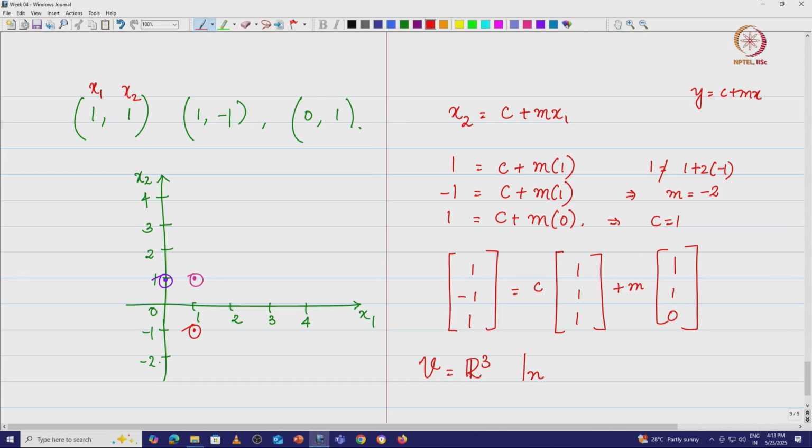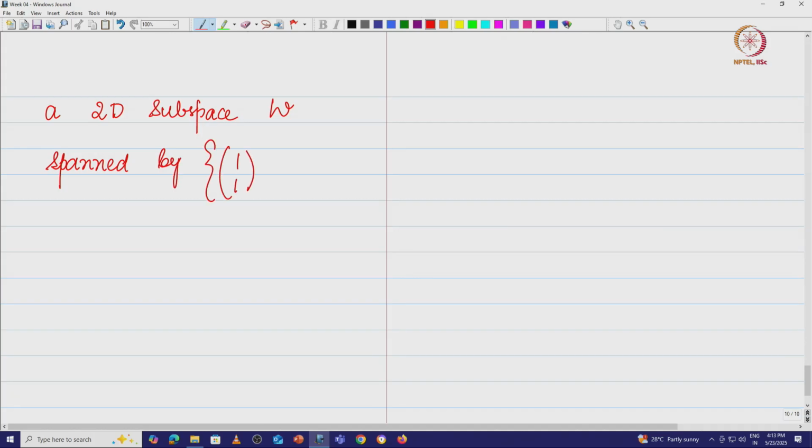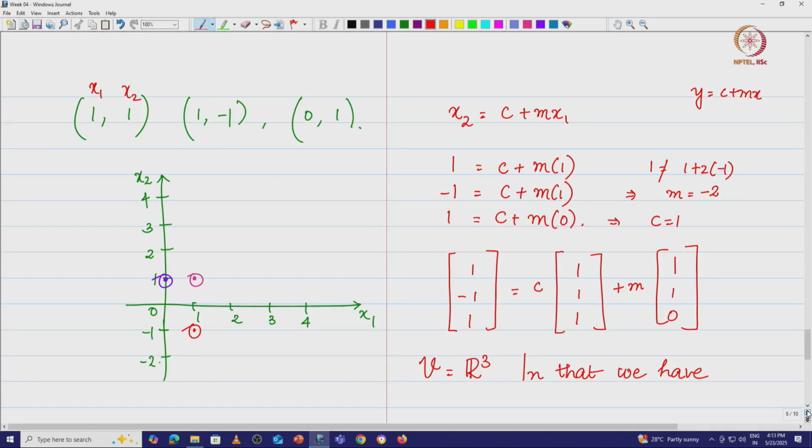In that we have a 2D subspace W spanned by the vectors (1, 1, 1) and (1, 1, 0).